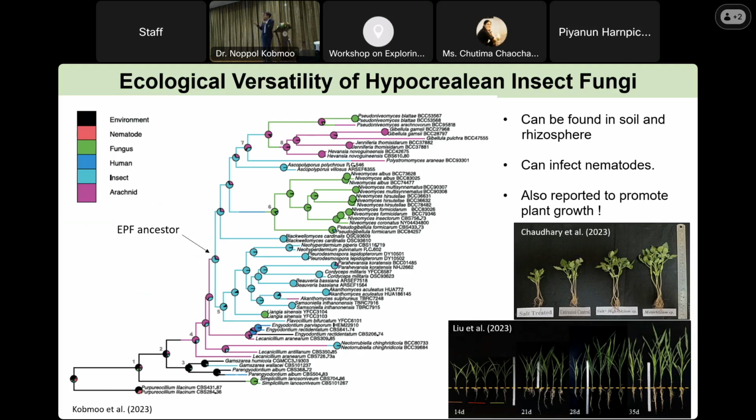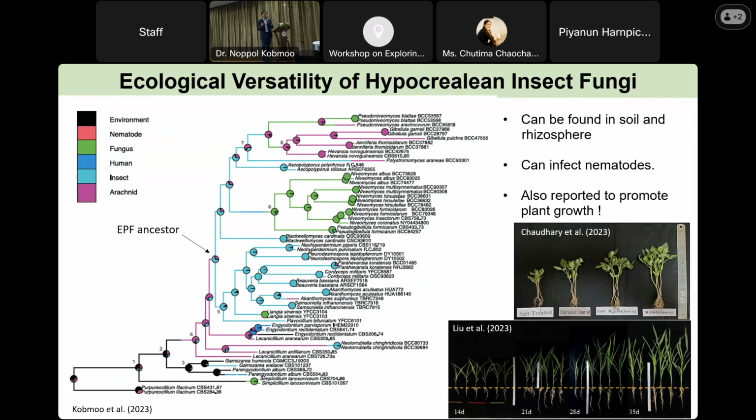For example, these are some works of teams from China and India, which show, I think this is in tomato plants, that in soil stress conditions without fungi, and when you inoculate Metarhizium with the seedling, it can grow better.